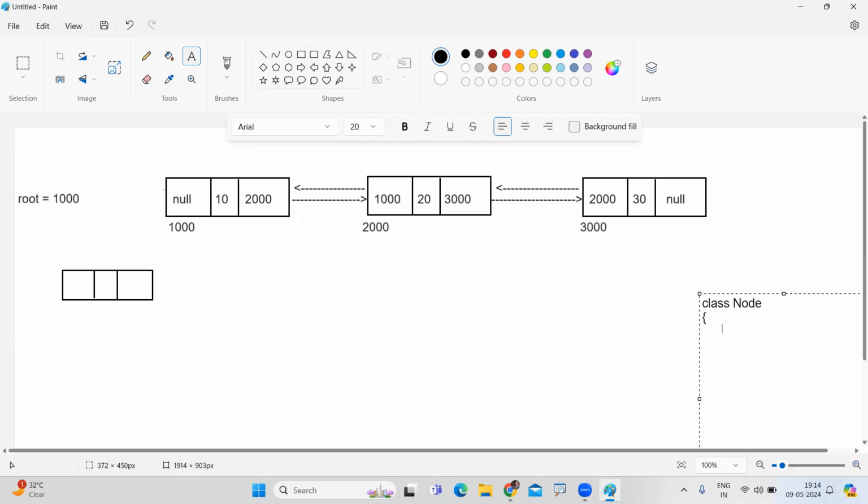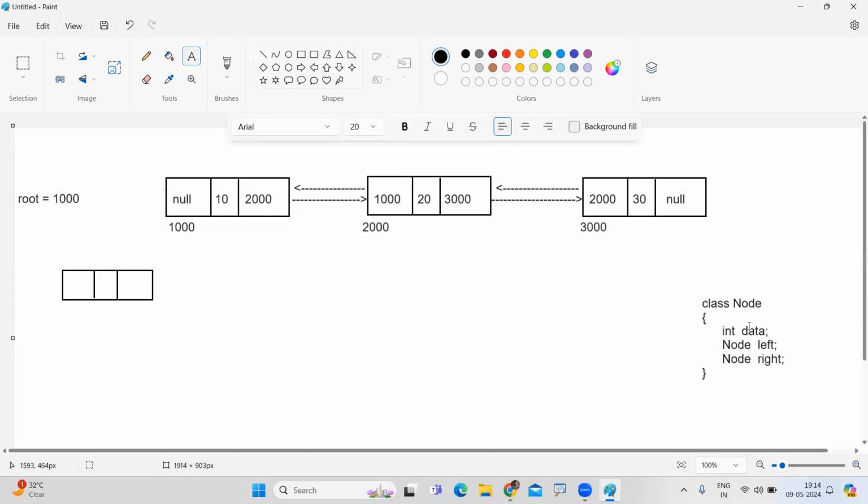One is data, second one is left link, third one is right link. Node, left and right also you can write. Now I'm just representing it like this simply.